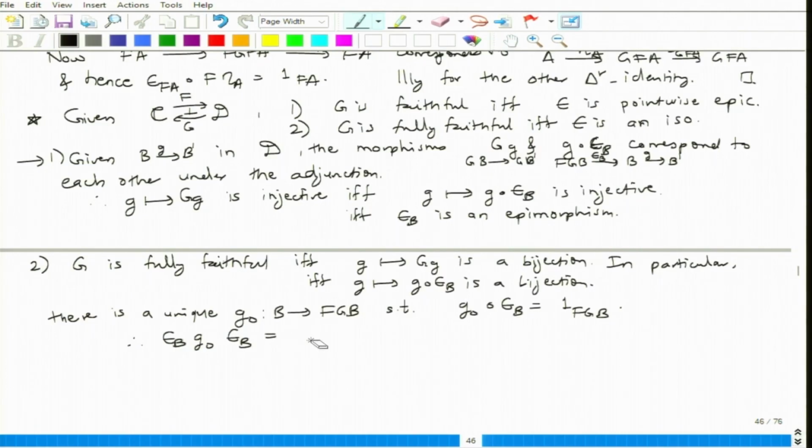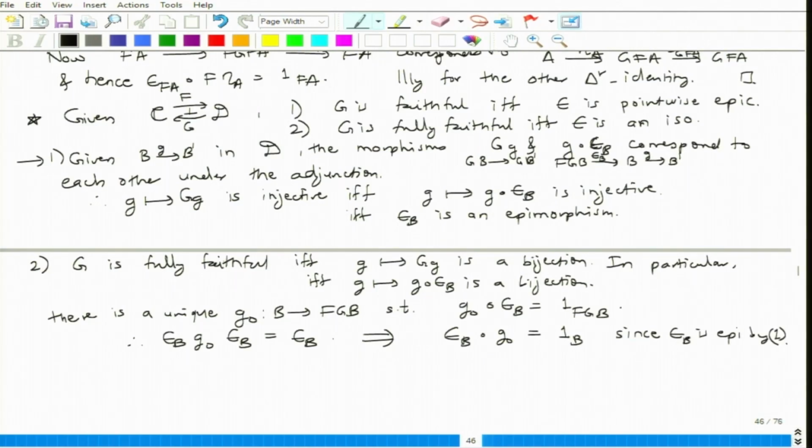It is epsilon B. Right, I just composed both sides with epsilon B. And epsilon B composed with G naught epsilon B is also epsilon B, so therefore epsilon B G naught is equal to 1 of B, since epsilon B is epi by 1 above.